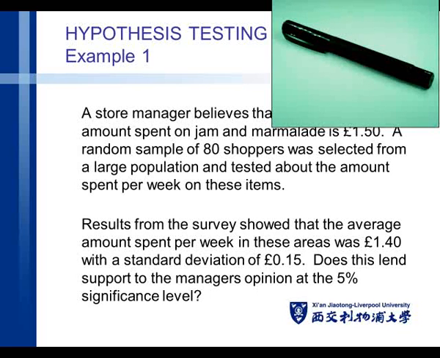The average from the sample, which is 1.40, minus the average of the population, 1.50, divided by the standard deviation in the population, 0.15, divided itself by the square root of the sample size. What is the sample size? 80. And then you compare that to the critical values that you get from the standard normal distribution. Okay?